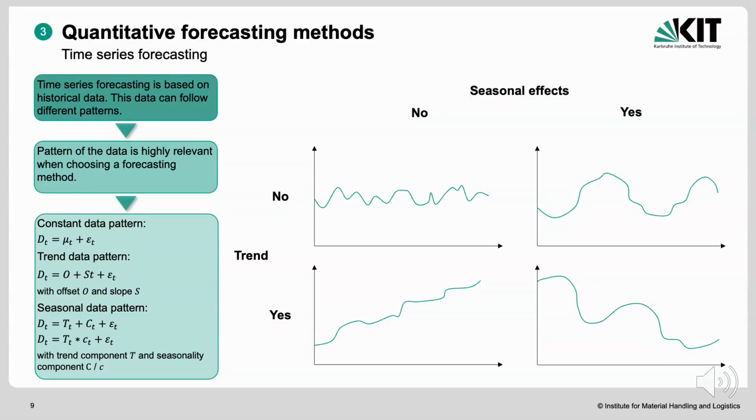If we have a trend, then we have an offset O and a slope S multiplied by T, plus the seasonal data pattern, which might have an additive component. So this is the trend component T and the seasonal component C, or trend and seasonality are multiplicative. We see the lower formula here.